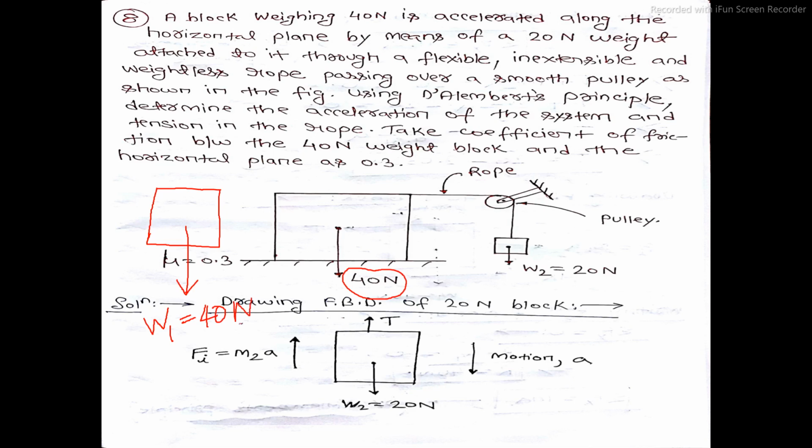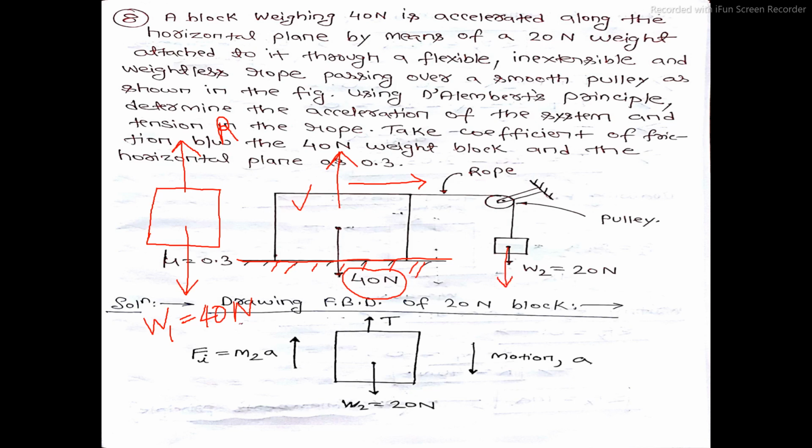This bigger block is in contact with this horizontal surface. So this horizontal surface will give a reaction to this bigger block in vertically upward direction. Let the reaction force be denoted by symbol R. Now this bigger block is given a horizontal acceleration in this direction because we are pulling this smaller block.